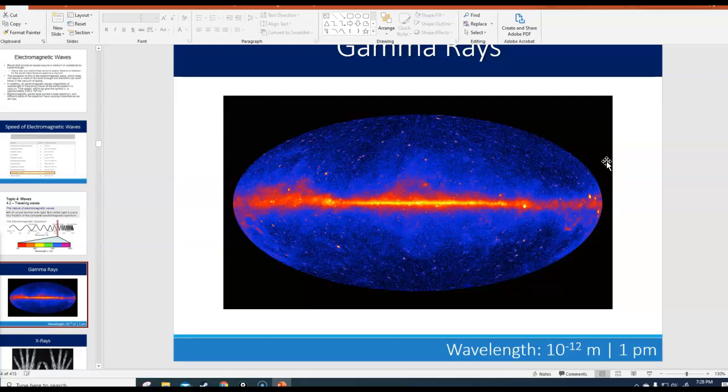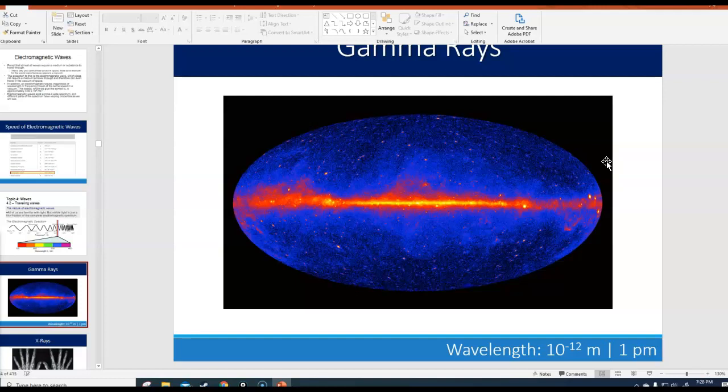In space, there's lots of different ways that gamma rays can be produced. For example, you have pulsars, which are really fast spinning neutron stars. You have quasars, which is basically when you have a supermassive black hole and gas going into the black hole, and it releases a ton of energy, and that energy comes out in the form of those super high energy gamma photons.